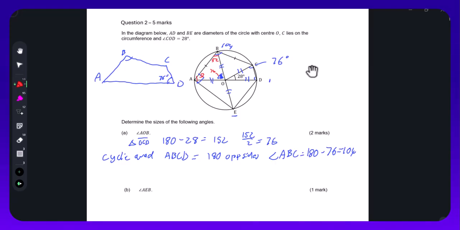So that's my thinking for that. And I guess the way I'd show it would be writing something along the lines of triangle OAB is isosceles. Therefore, it's going to be 180 take 2 lots of 52.